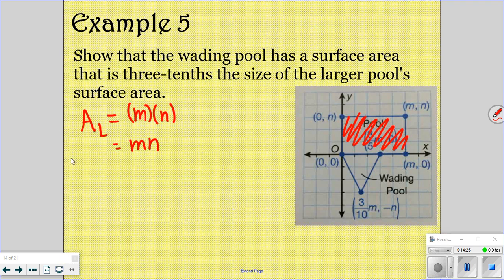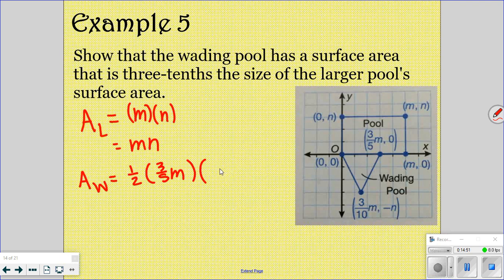The area of the wading pool, 1/2. The base is here. So I'm going to erase this red part, which that point is 3/5 m. So our base length is 3/5 m. And then the height, it goes down to negative n. So that's just n because the distance is a positive number.